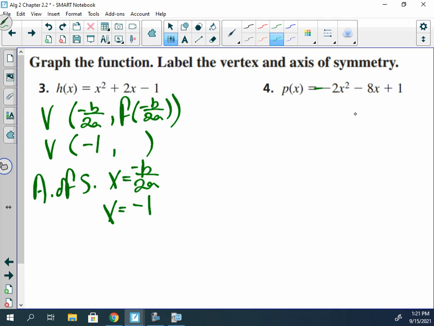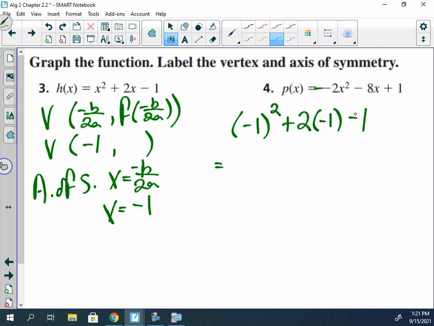Well, now we just need to find the y value of the vertex, yes? And to do that, we take the x value and plug it back into the function. So a negative 1 squared plus 2 times negative 1 minus 1. And again, at this point, you can type this whole thing into the calculator and it would throw it right back out to you.